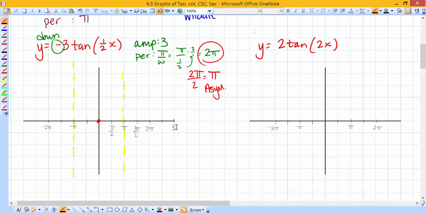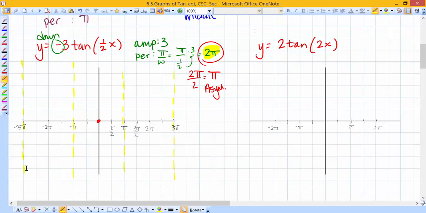Here would be 3 pi. That would be another asymptote, negative 3 pi. So 1 pi plus 2 pi, because that's your period, is 3 pi. So asymptote and 1, 2, 3, 4. 1, 2, 3, 4. Here's my other asymptote.